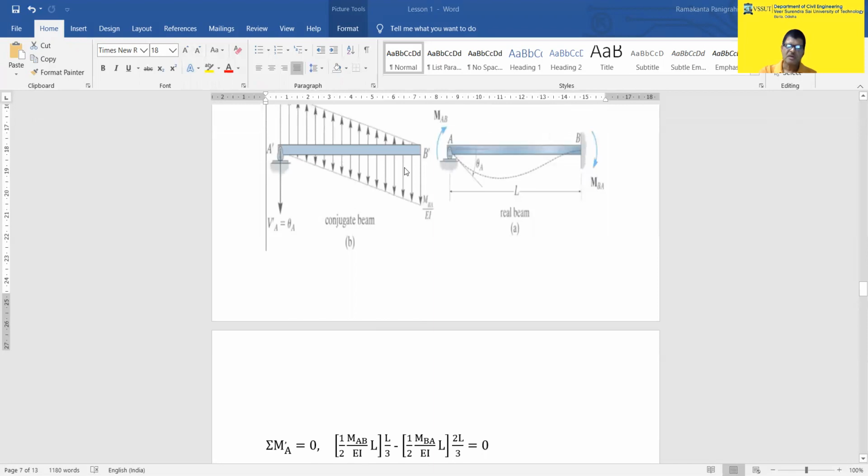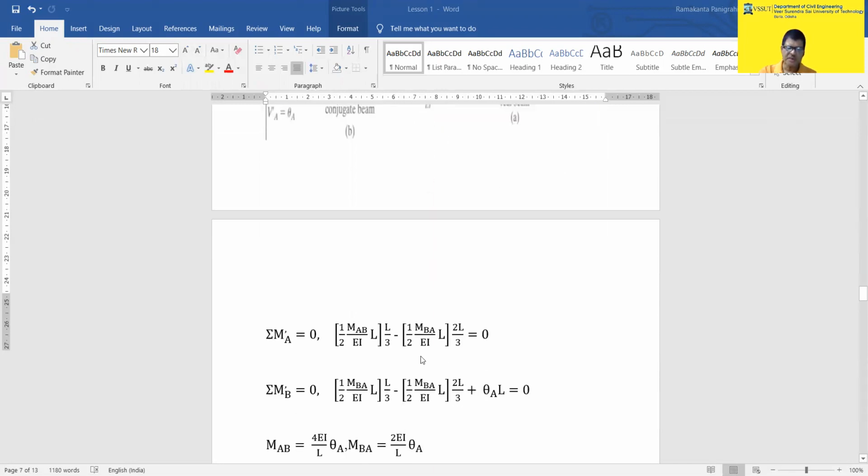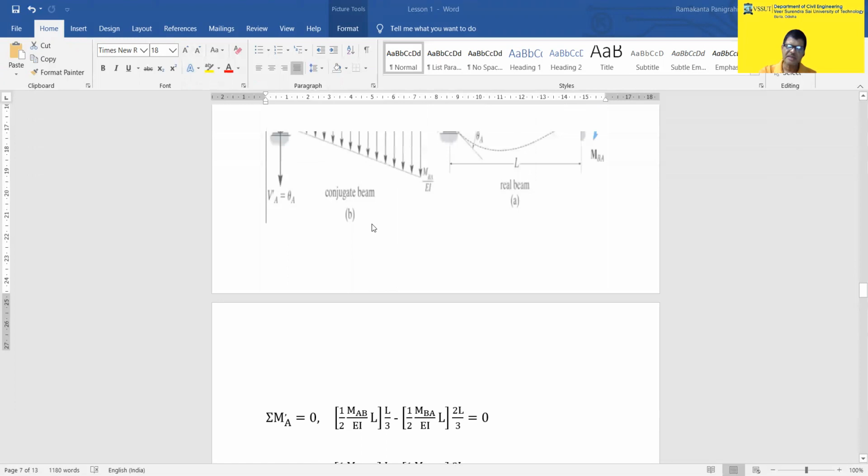In addition to these two equations from the M by EI loads, there is another condition: theta into L is equal to 0.